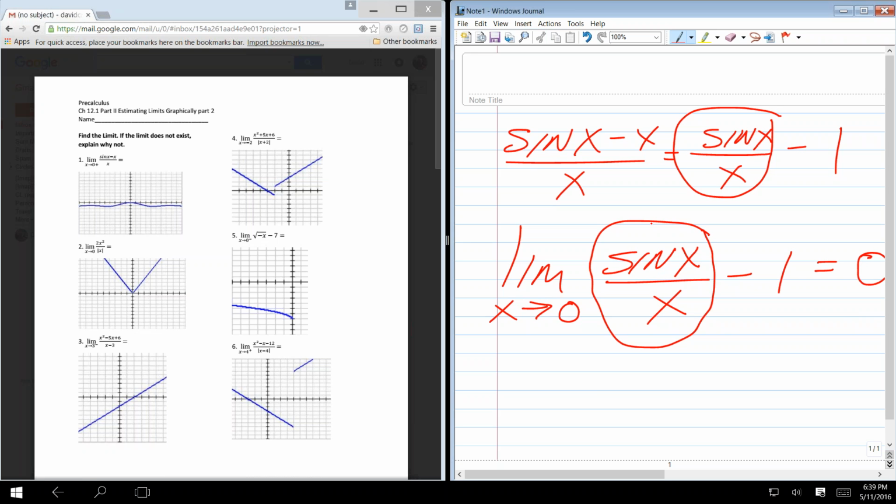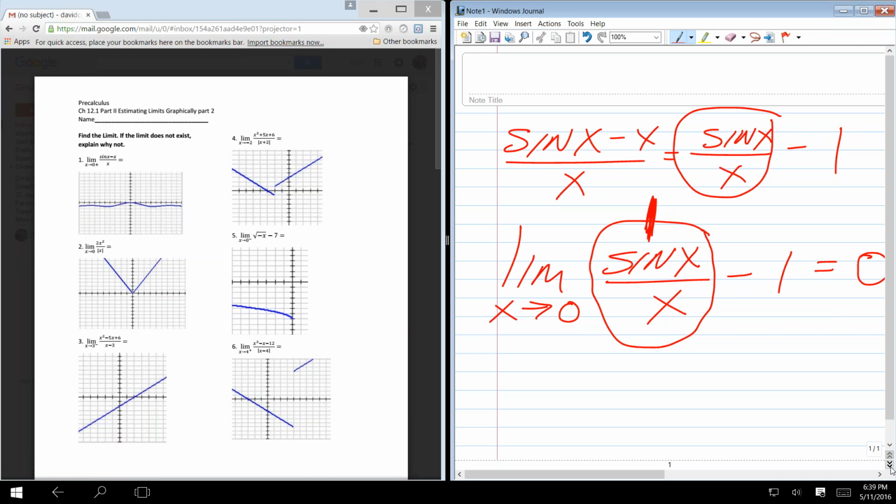This is 1, but we have 1 minus 1, so that's why we have 0. And that agrees with our graph. You should always be able to do this two ways. You should always be able to look at the graph and answer this kind of question, but you should also be able to do it algebraically. And I did it both ways.